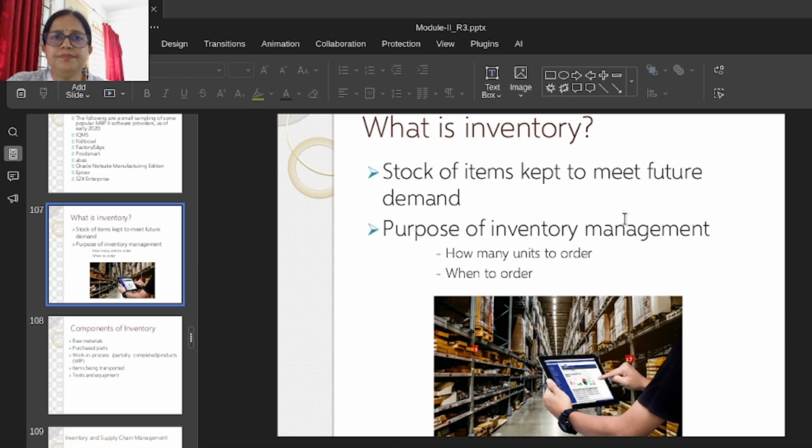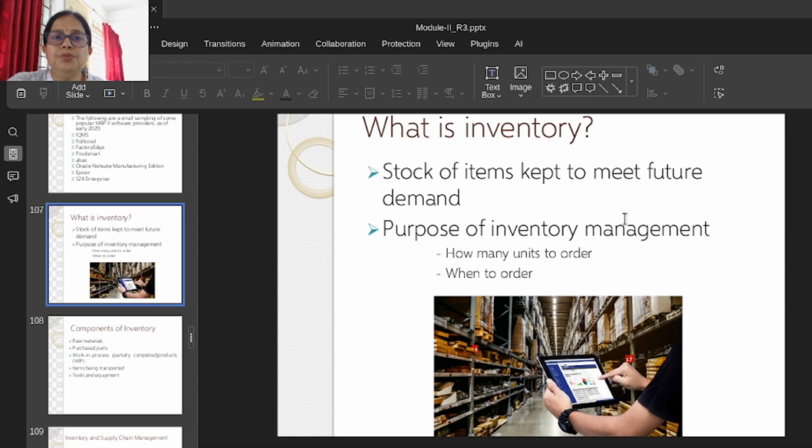So this is called inventory cost. When we have a large amount of inventory, we also have to invest money in terms of the inventory cost. So that is also not suitable for the companies or the industries. So what do we need to do?